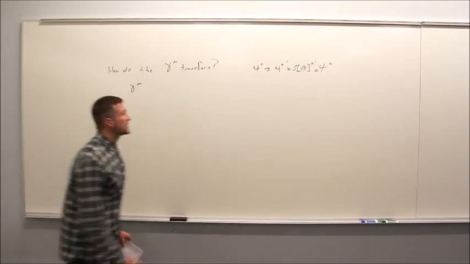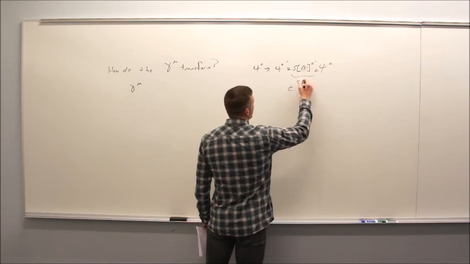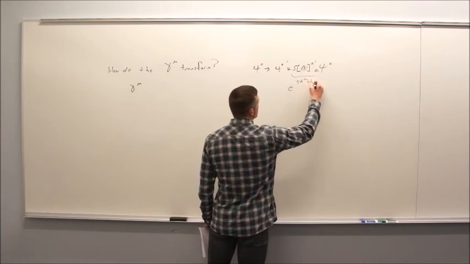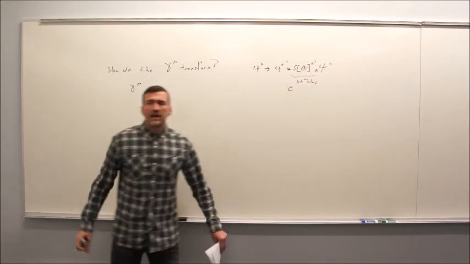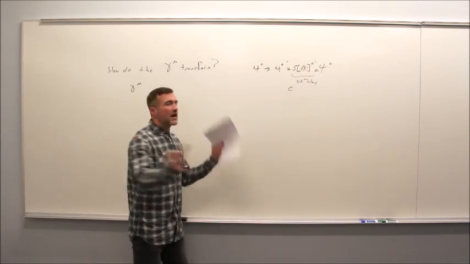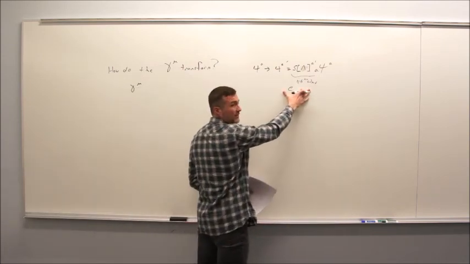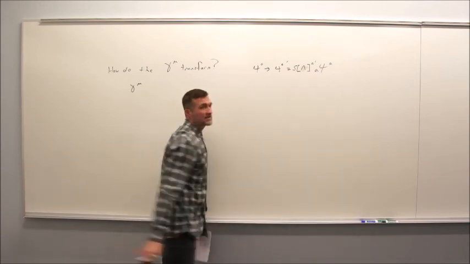Now this thing is secretly e to the i over 4 sigma mu nu omega mu nu, where the sigma mu nu's are built from commutators of the gamma matrices. Right now all I'm doing is consolidating it so that I don't have to write this all the time. And so I'm calling it this element S of lambda.